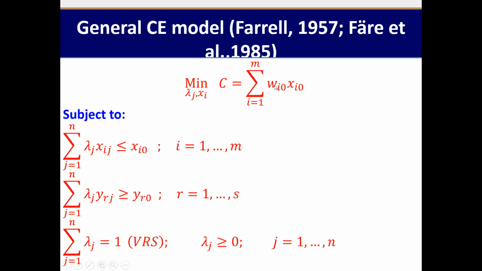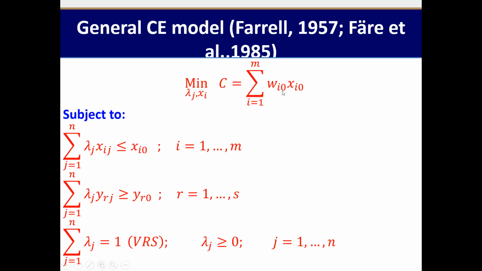This is the input price for the DMU under evaluation, and this is the input itself for that same DMU. How do I know that is the DMU under evaluation? Remember, each DMU is evaluated one at a time.